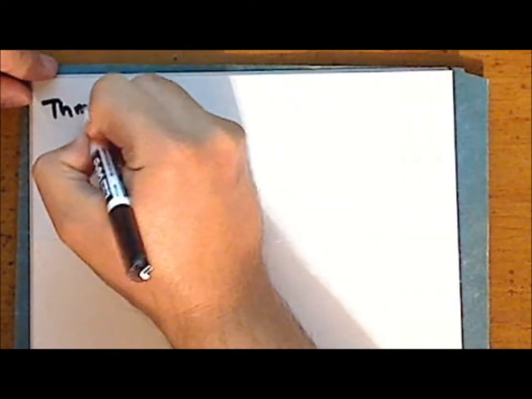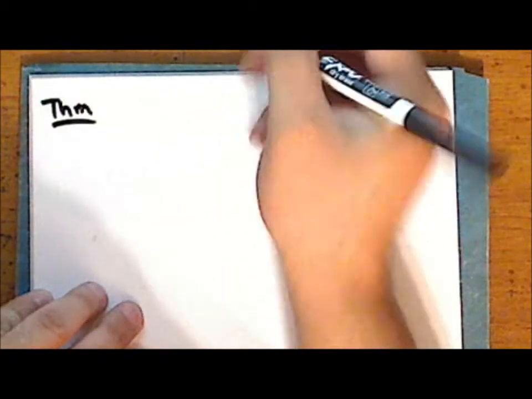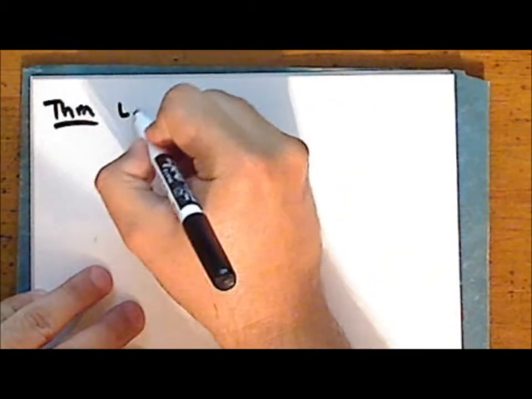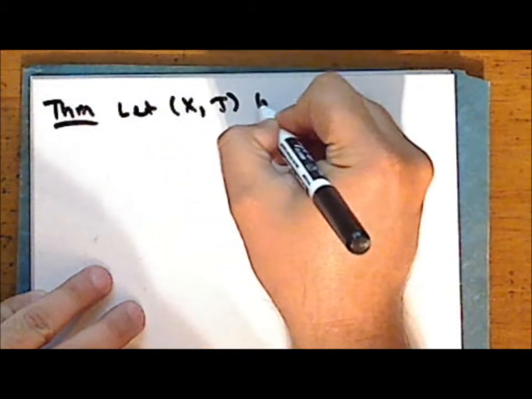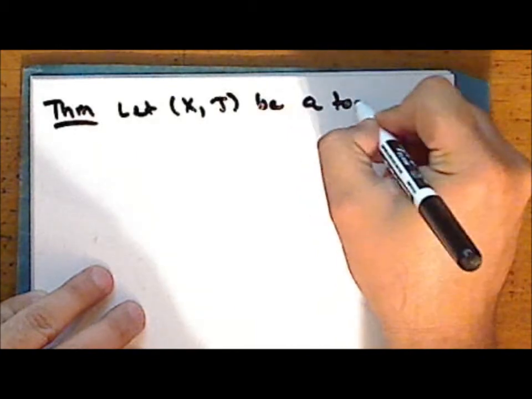Okay, so next we will prove a theorem that will give us some insight into what it means for a set to be dense in a given space. So let the set X together with some topology tau be a topological space.